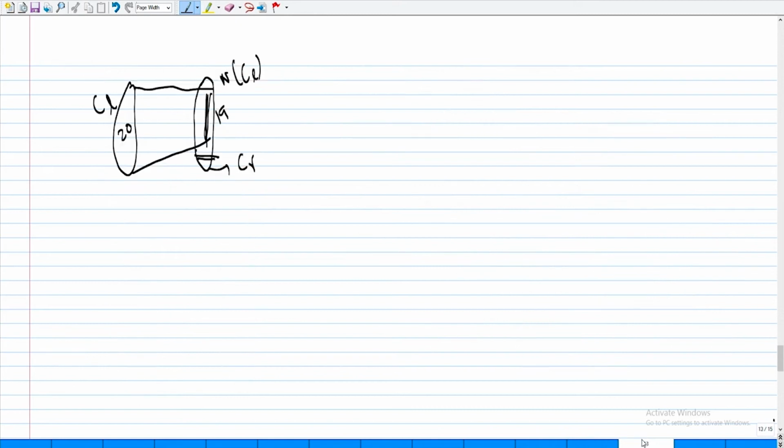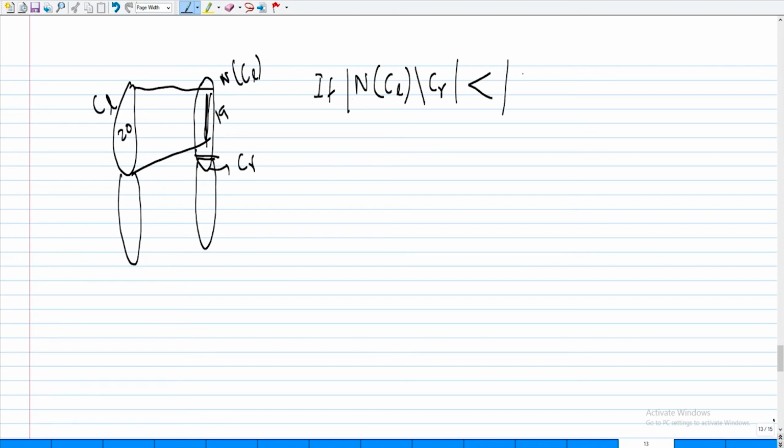Now in this whole thought experiment, this is all the remaining left hand side, and this is all the remaining right hand side. It turns out that N of C_L minus those vertices in C_R is strictly smaller than C_L itself.